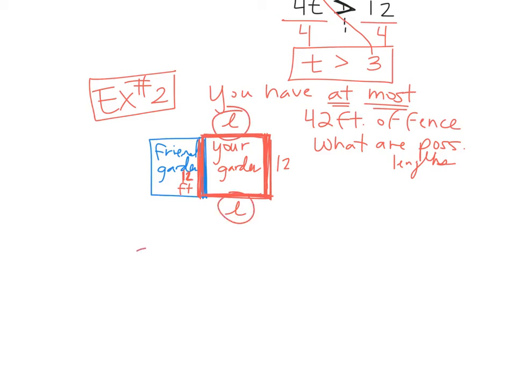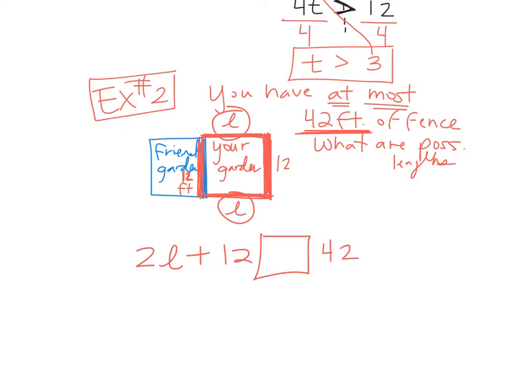Okay, so the 2 times whatever that length will be, plus what other length do we have? We know we need to cover the 12 here on the right side, right? So 2L plus 12, not equals. We have to figure out what symbol do I have to put here, because we have at most 42 feet.